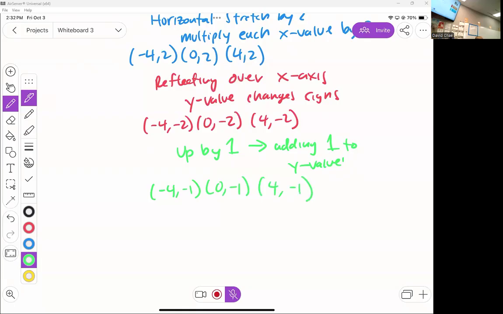What I would like for you to do is number 16. Try it, and we'll be done. Number 16, they want you to transform the parent function to negative f of 2x minus 1. Why don't you guys try that?